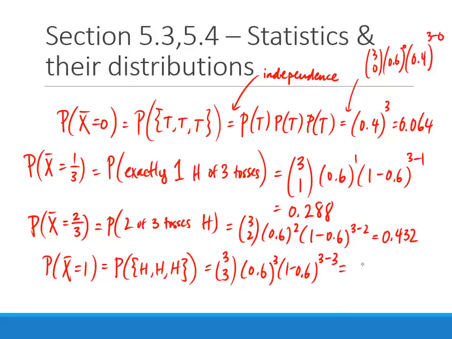And that will give you 0.216. So again, the probability that my sample mean equals 1, I just need to get all 3 heads, and that happens with probability 0.6 to the 3rd power.